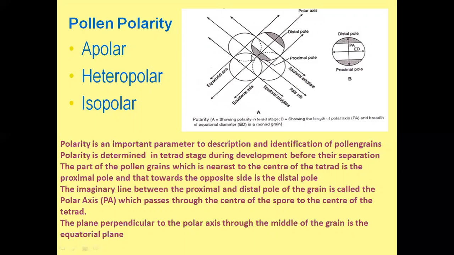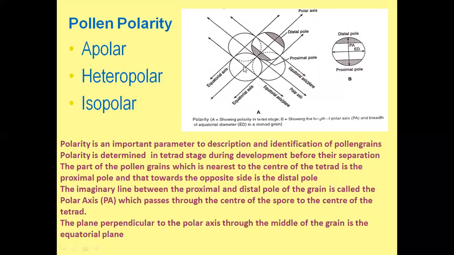Nearest to the center is this part, and this part is called the proximal pole. All the pollen grains are nearer to the center, and that portion or space is called the proximal pole. The opposite side is the distal pole. So this is the proximal pole, the opposite side is the distal pole, and in this pollen grain, this is the distal pole.